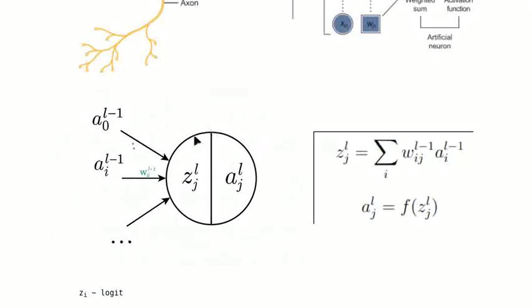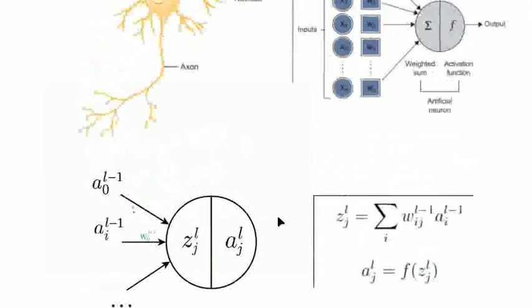Then we put this CJL into an activation function, like a sigmoid function, and we get a value. We call this value AJL, the value of the Jth neuron at layer L. This value will feed into the neurons of the next layer. This is called forward propagation.